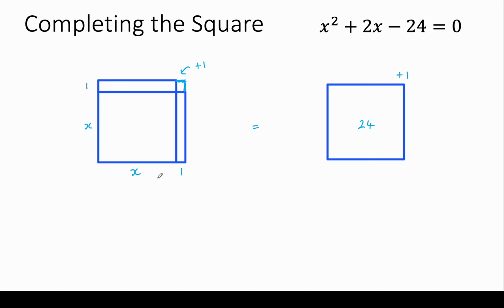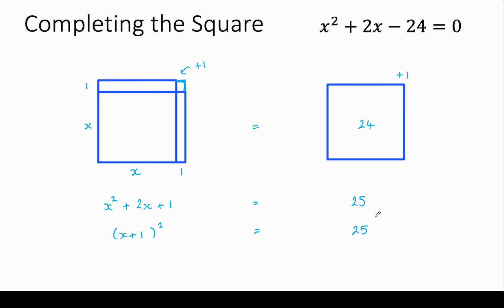And so that's where we're getting this. And we'll just go and rewrite this again. So x times x is x squared plus our 2x plus the 1 is equal to 25. If I were to rewrite that, it would be x plus 1 squared is equal to 25.